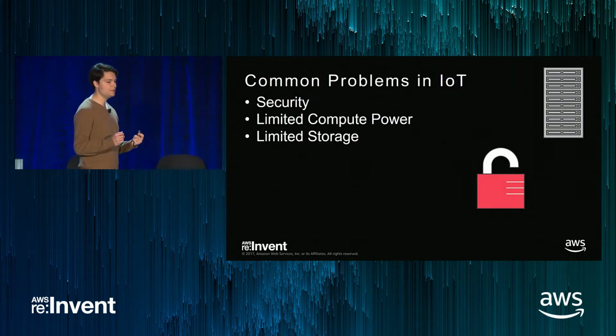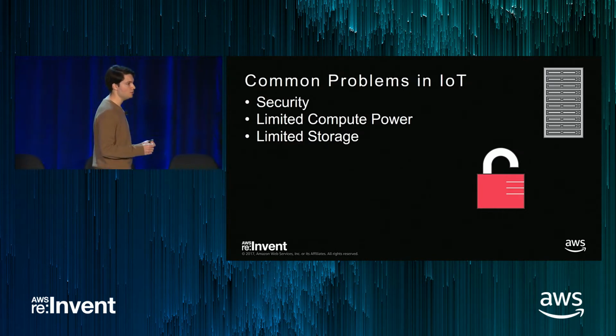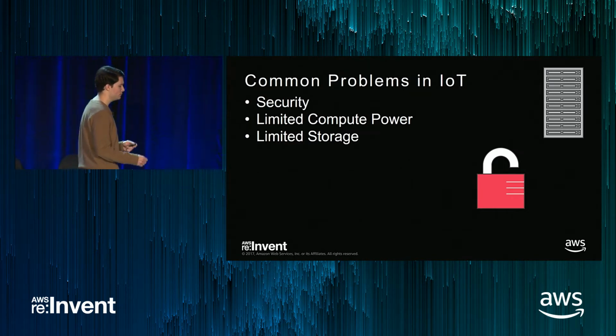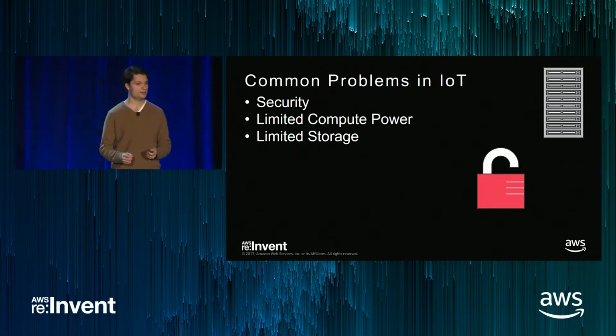So what are some of the common problems in the IoT industry as a whole today that you're having to tackle? So first and foremost, everyone's heard of the security challenges around IoT.